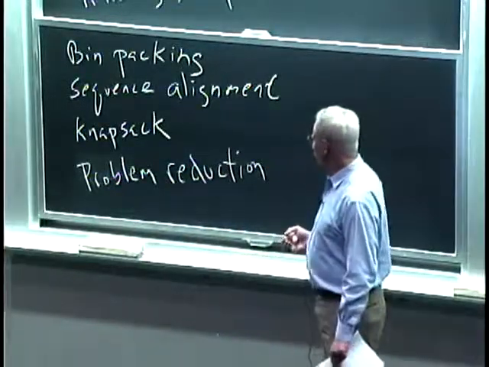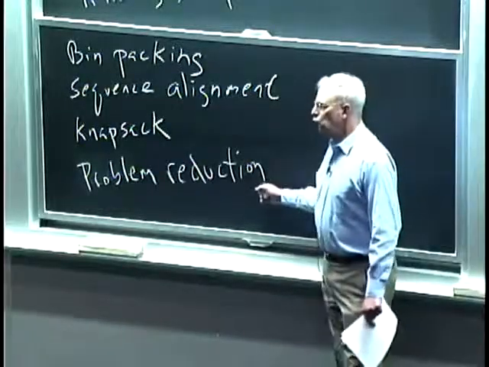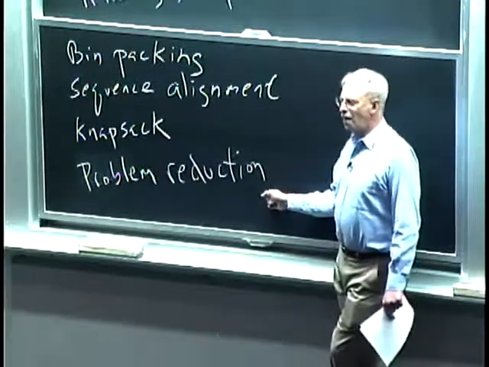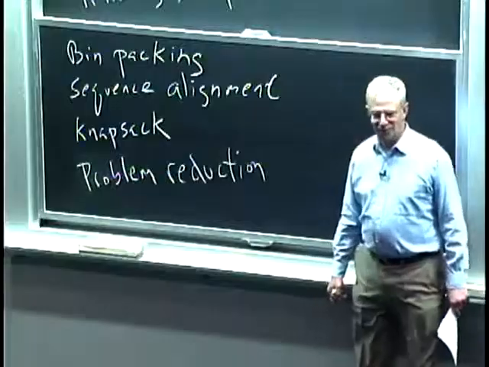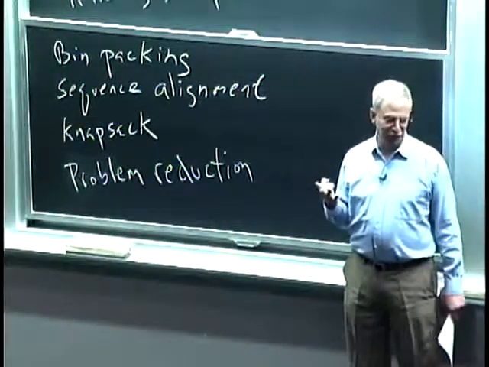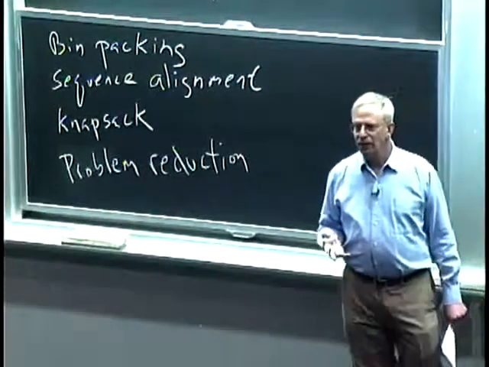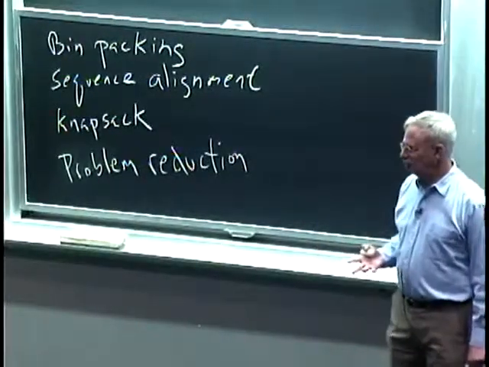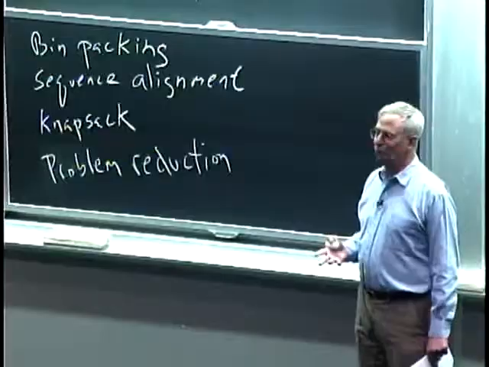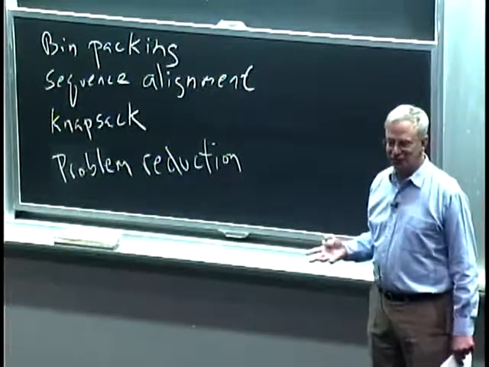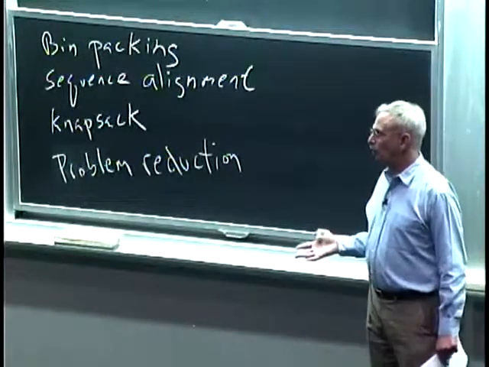And so frequently what we try to do is take a new problem and map it onto an old problem so that we can use an old solution. In order to do that, it's nice to have in our heads an inventory of previously solved problems to which we can reduce the current problem.